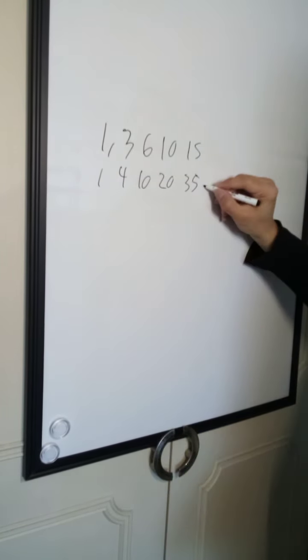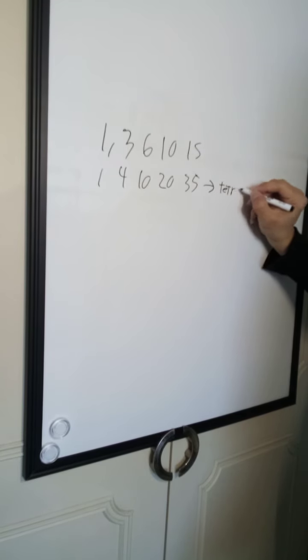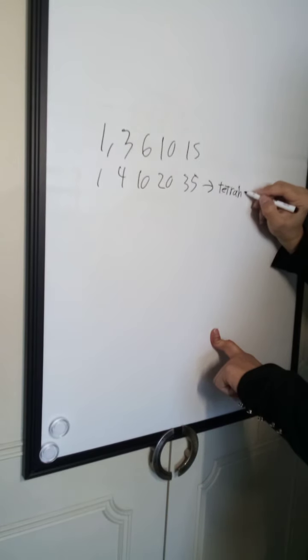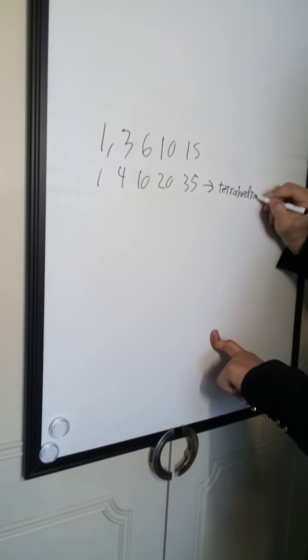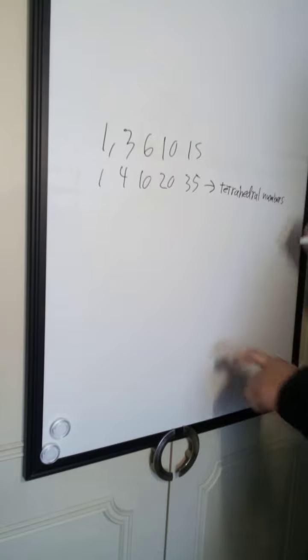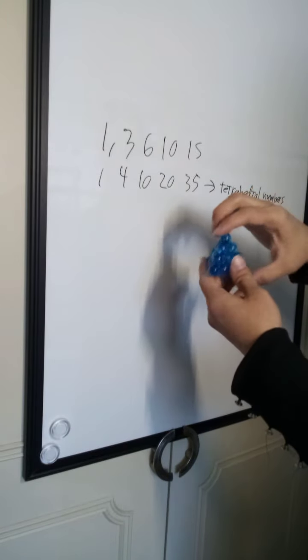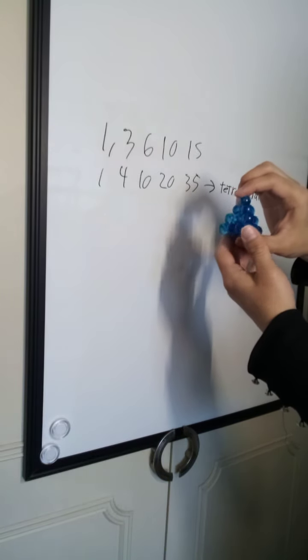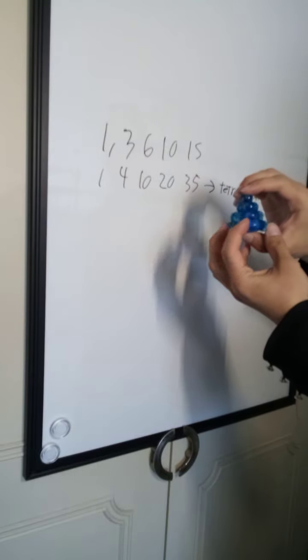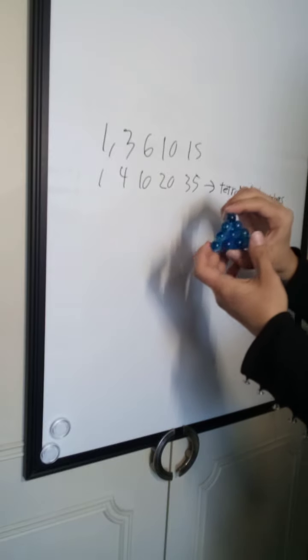Well, these are the tetrahedral numbers. So named because you can stack triangles on top to form a tetrahedron, which you can think of as a pyramid with a triangular base.